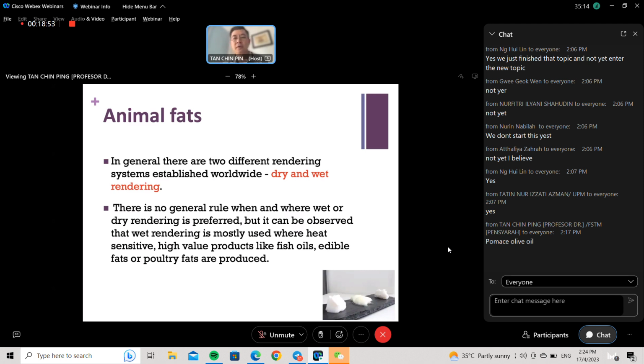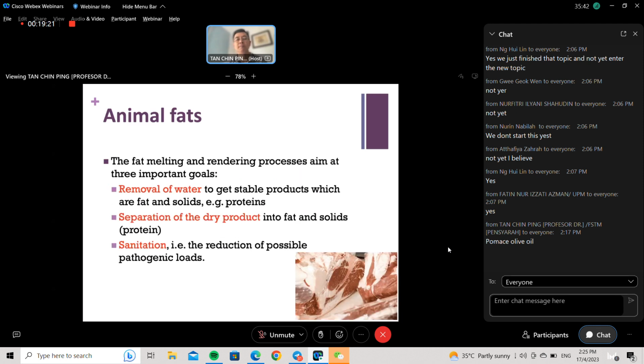Therefore, it is more suitable, for example, if you want to extract fish oil or fat from poultry, like chicken fat, where you want to retain some of the chicken aroma or flavor in your fat. That is more suitable because the temperature of wet rendering is a bit lower than dry rendering. Okay. So let us take a look at it.